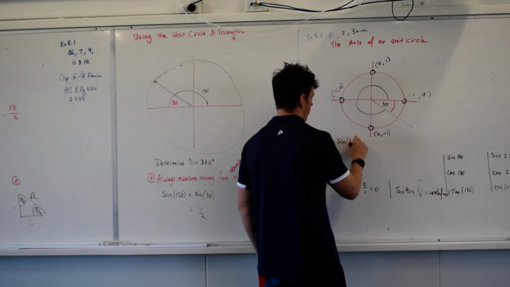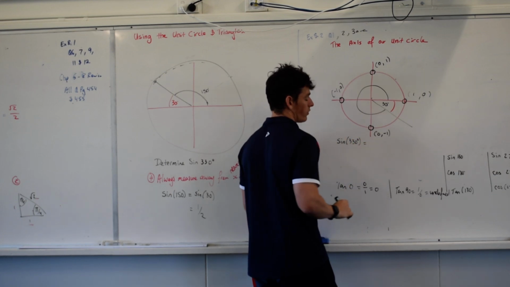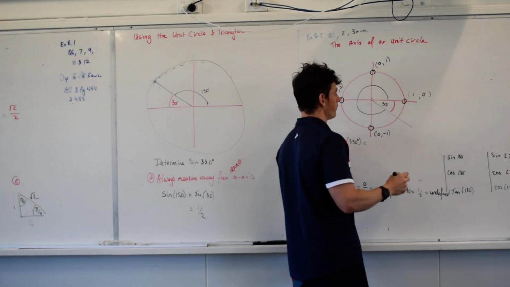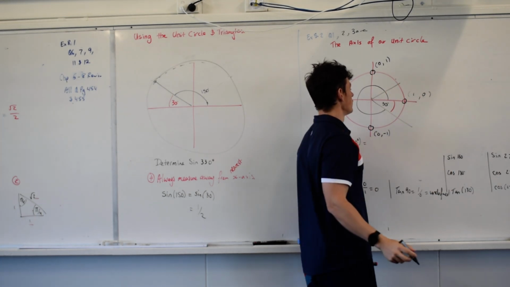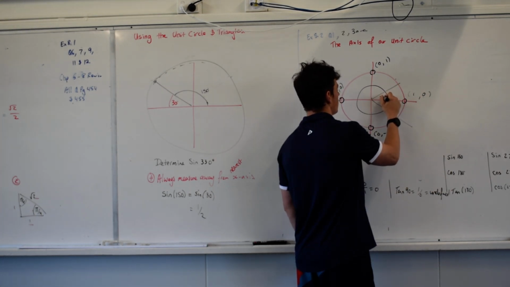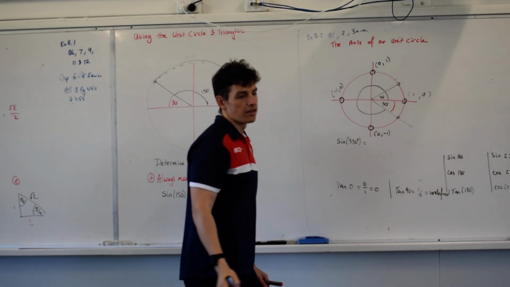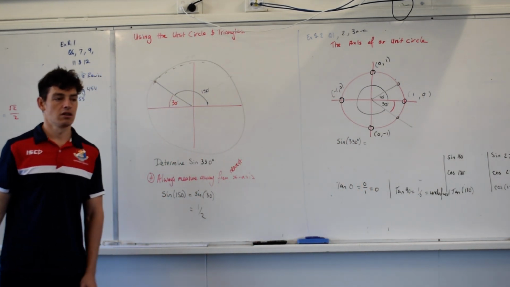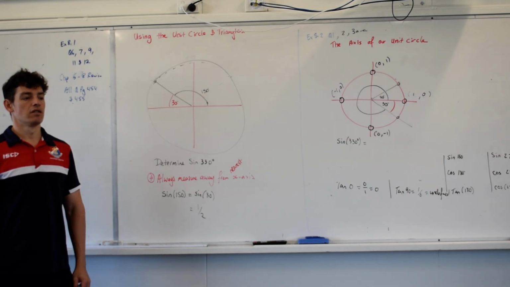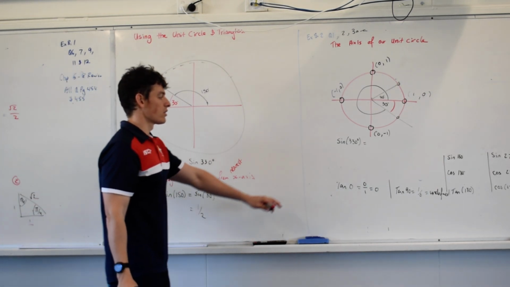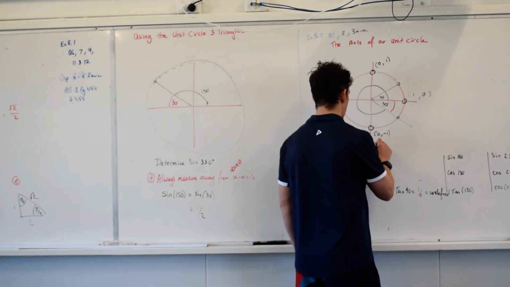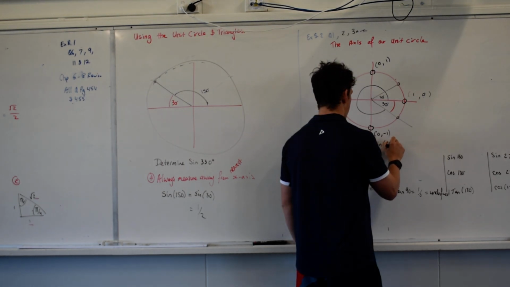Sine 330 degrees is equal to, relative to that angle there, what's this angle going to be? 30. And this value here are the same size, but one of them is negative. Which one's negative? So sine 330 is equal to negative sine 30 degrees.